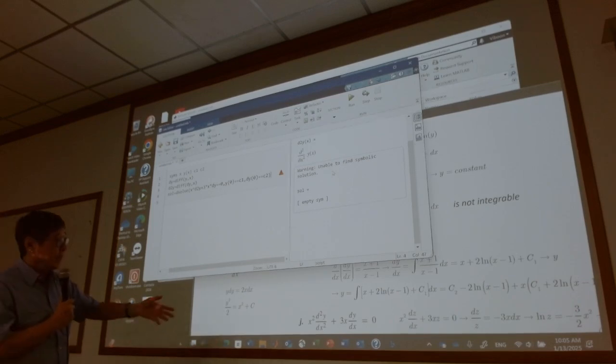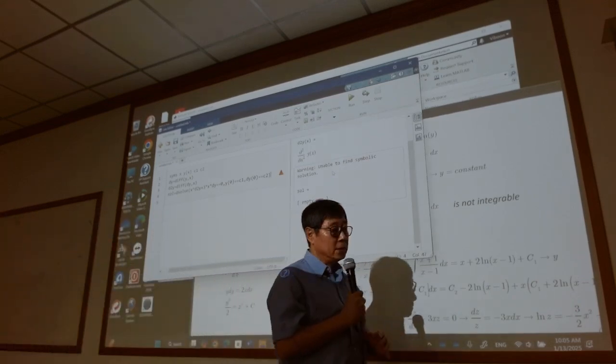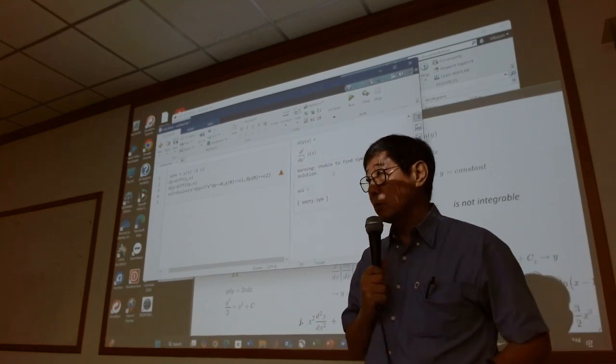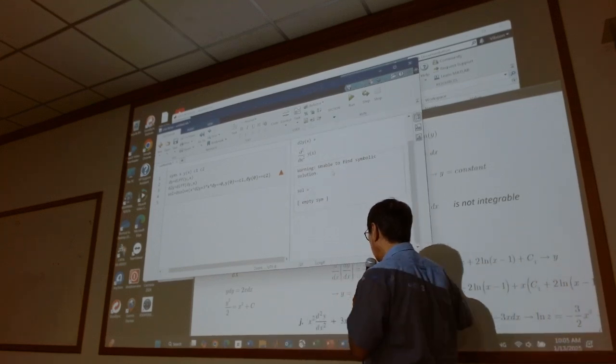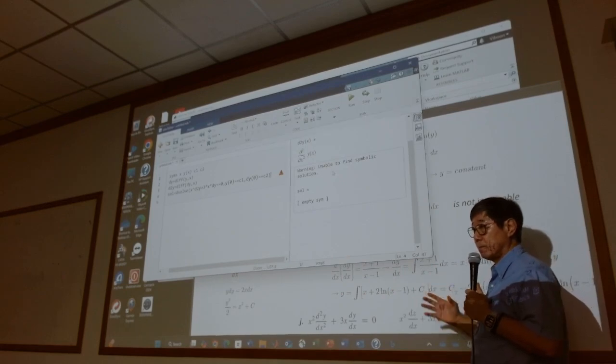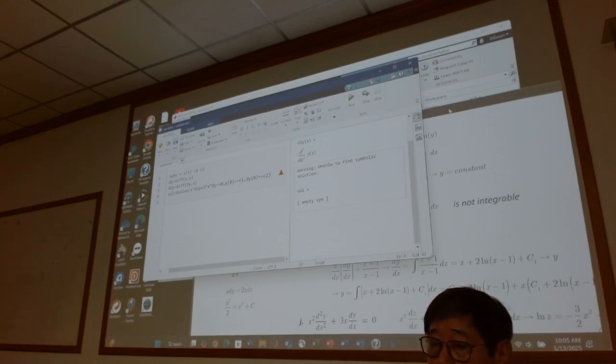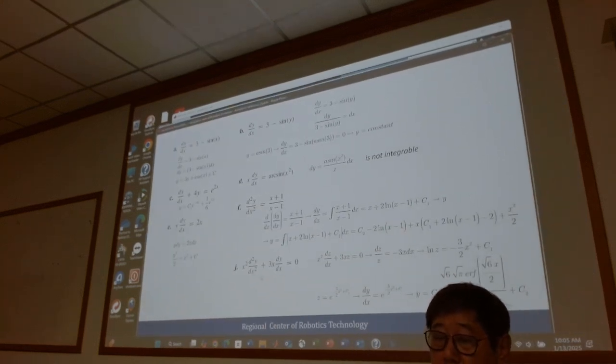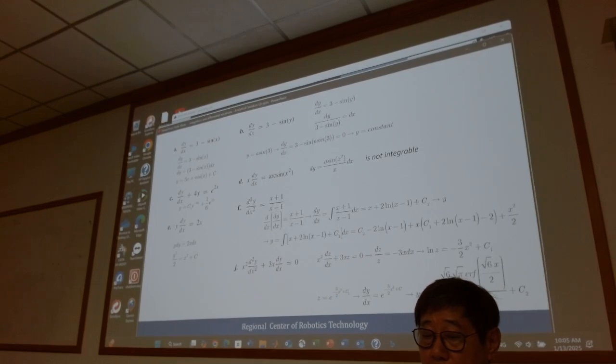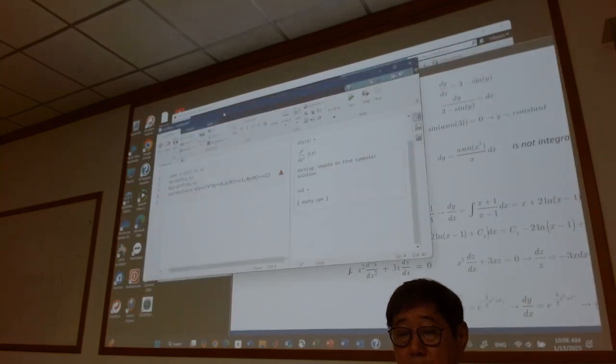But in this case I try to reduce the more complicated one into more steps, right? In that case we have this one. See? Reduce it to be like a first order, from second order to first order, and decay is this one. Okay, so you can have this one. Let's see.